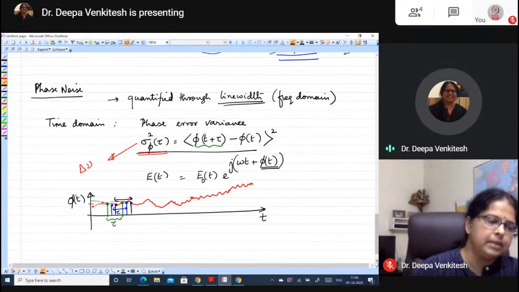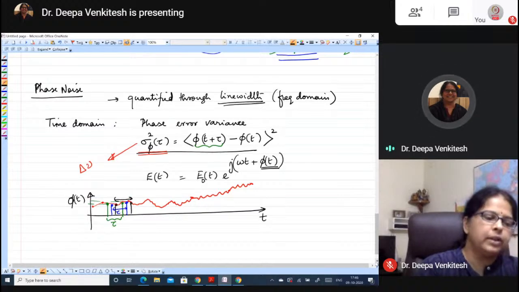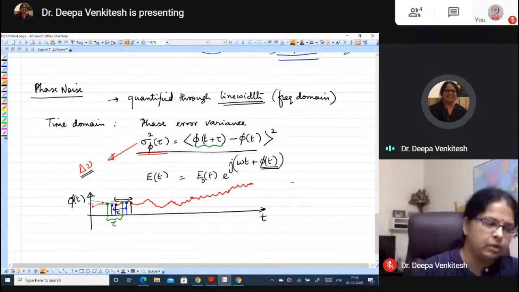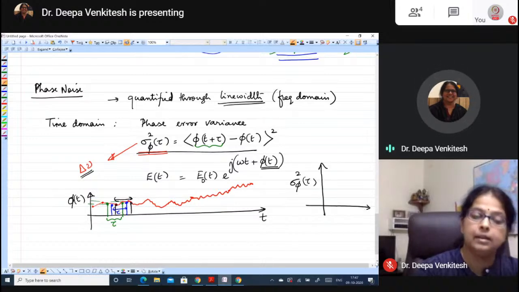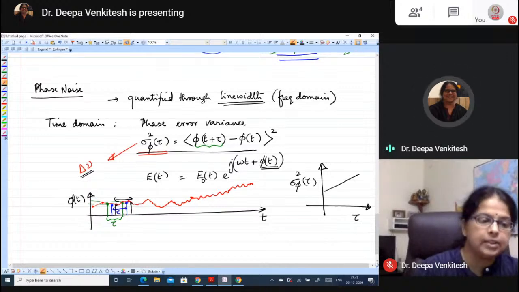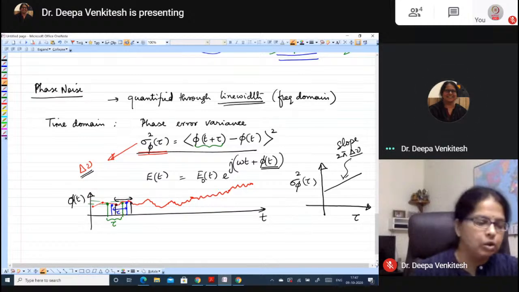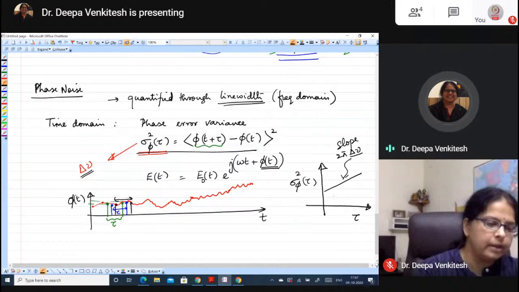Sigma squared of tau is related to the line width. We also saw this plot: as a function of tau, it is a straight line, and the slope of this straight line is 2 pi delta nu, where delta nu is the line width. Here I showed you a calculation for a specific tau.